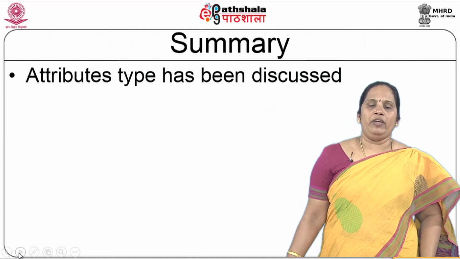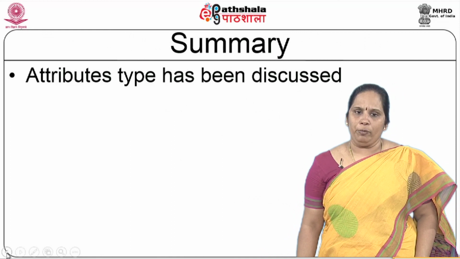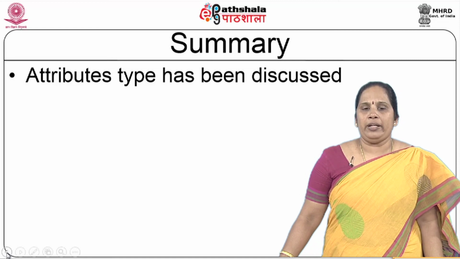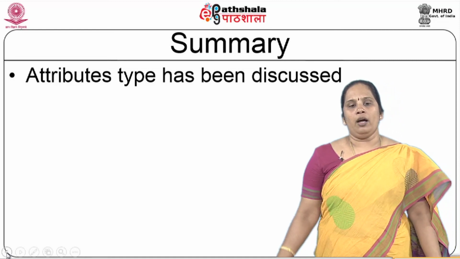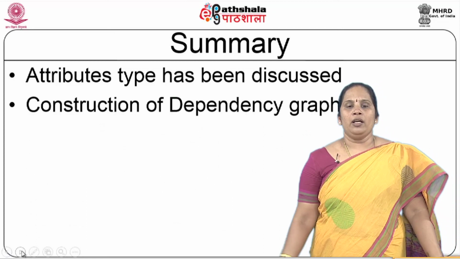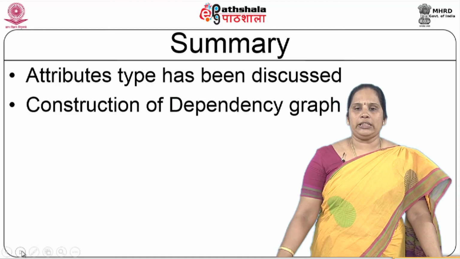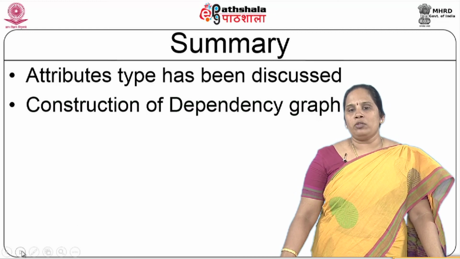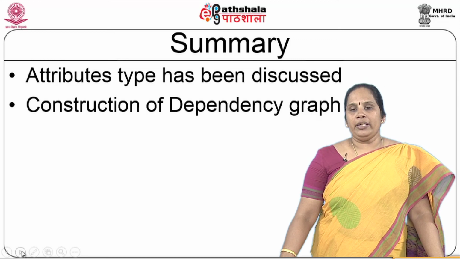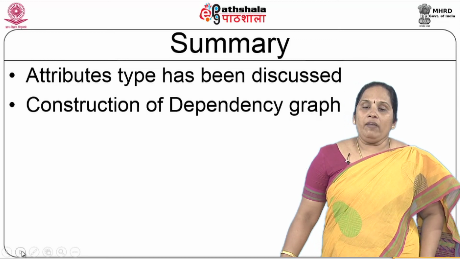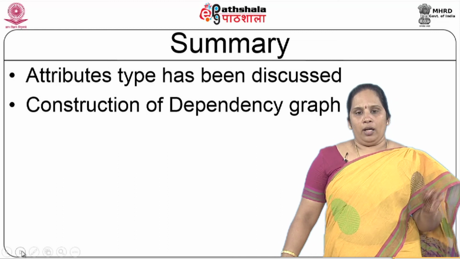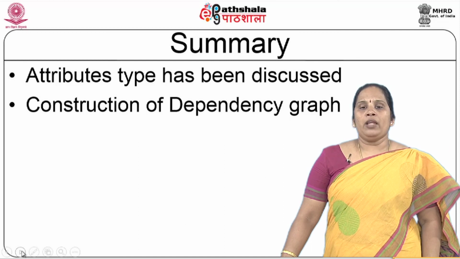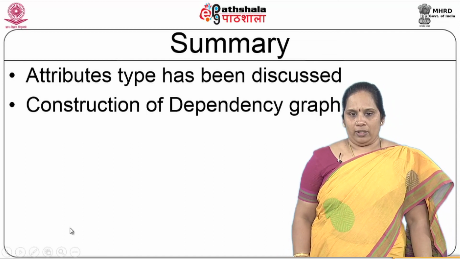Based on this, we have actually looked at the attribute types, that is synthesized and inherited attributes, and we have also talked about construction of the dependency graph and topological sorting as a means of sorting the nodes of the dependency graph, where the dependency graph is constructed based upon semantic rules that look at all the grammar constructs, and the evaluation order is based on the dependency graph.